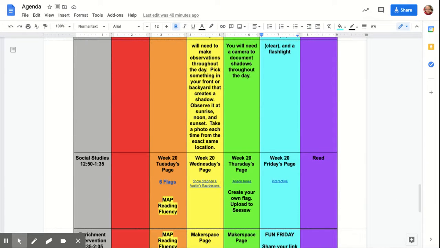And then for social studies, since there was Monday assigned, we were just a day behind. So we went ahead and took off the Friday, and we did Thursday's page today.